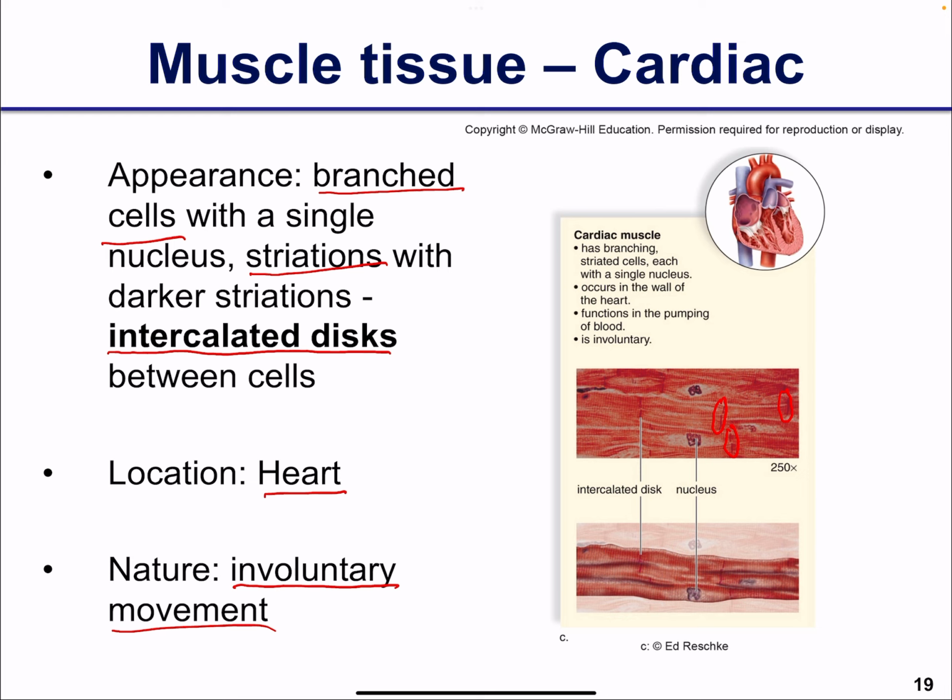These intercalated discs are going to be the locations where you are going to find gap junctions. Remember, the gap junctions allow two neighboring cells to communicate directly. And this is what allows the heart to contract like a syncytium, as a unit.